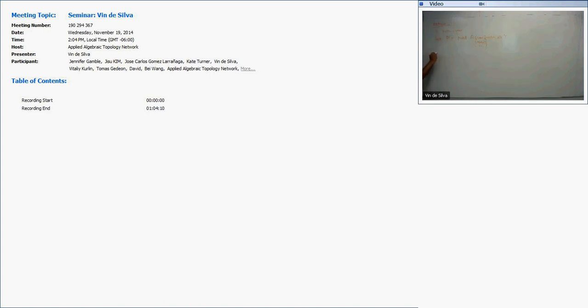Here is an example of a persistence module. So suppose we have a map from space W to space X. Let's call this map F. So for example, W is a space and X is the real numbers.